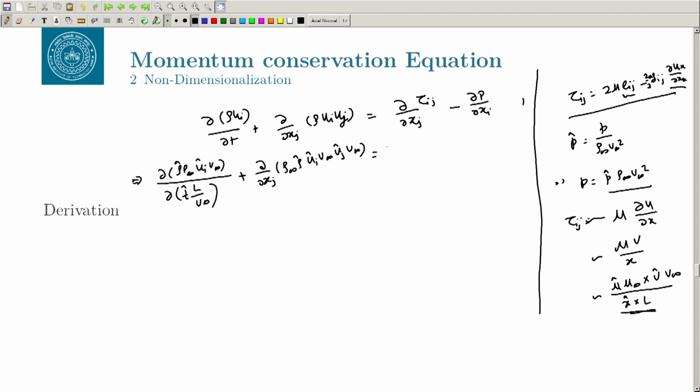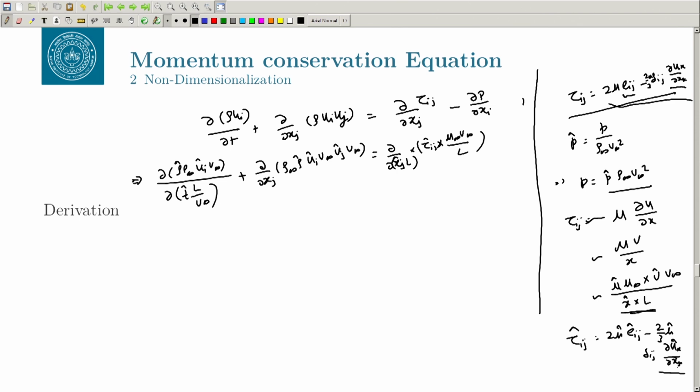And what I will do here, I will just write ∂/∂x_j hat, this is L, and tau_ij I will write tau_ij hat. And it will multiply with what? It will multiply with mu infinity u infinity by L, where I have defined this tau_ij hat in terms of a non-dimensional variable. So, that is basically 2 mu hat E_ij hat minus 2 by 3 mu hat delta_ij ∂u_k hat/∂x_k hat, right.